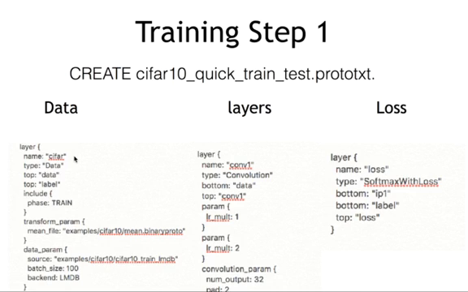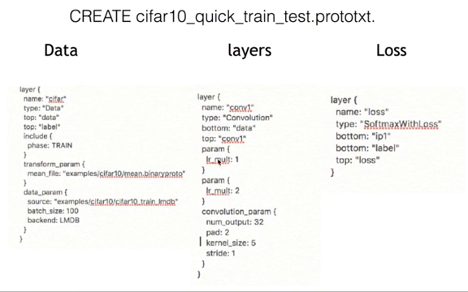It basically takes the data from the CIFAR train LMDB, and there's a convolution layer which takes the data from the data layer, runs the convolution model, and generates the output. And there is a softmax loss layer which will basically compute the probability of the object in the processed image.